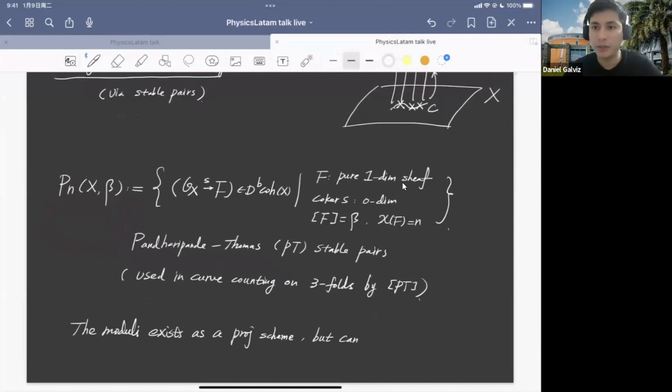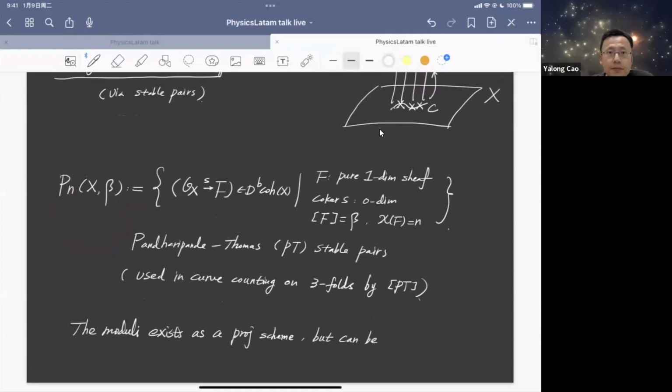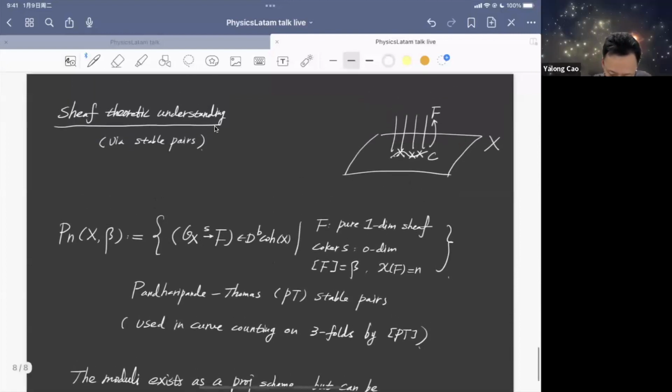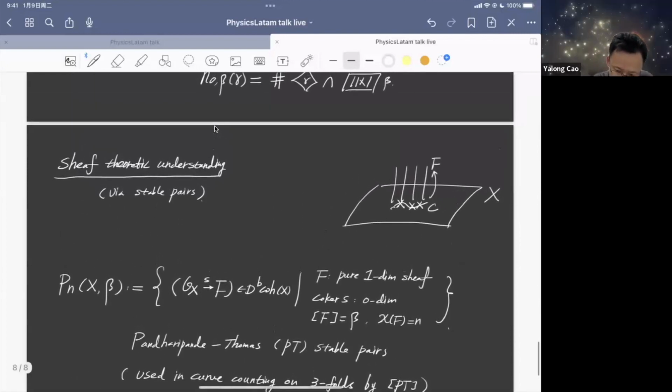There is a question in the chat. Yes, maybe I read it to you. Can you talk a little bit more about the code? I think it's, let's see. Yeah, how to say.